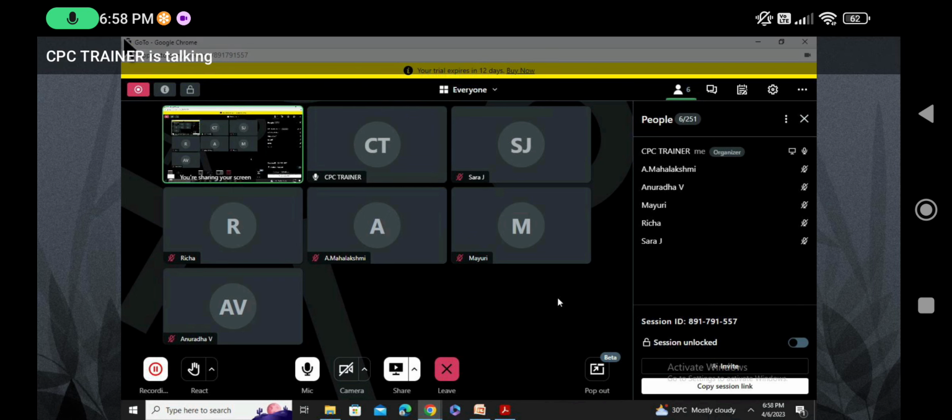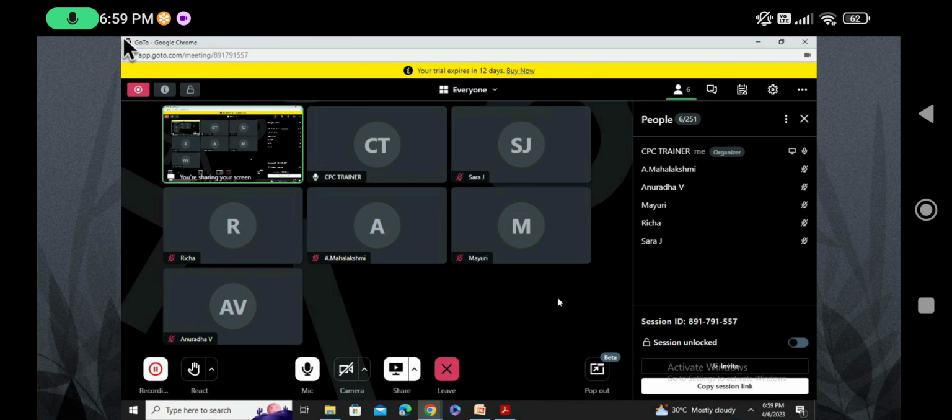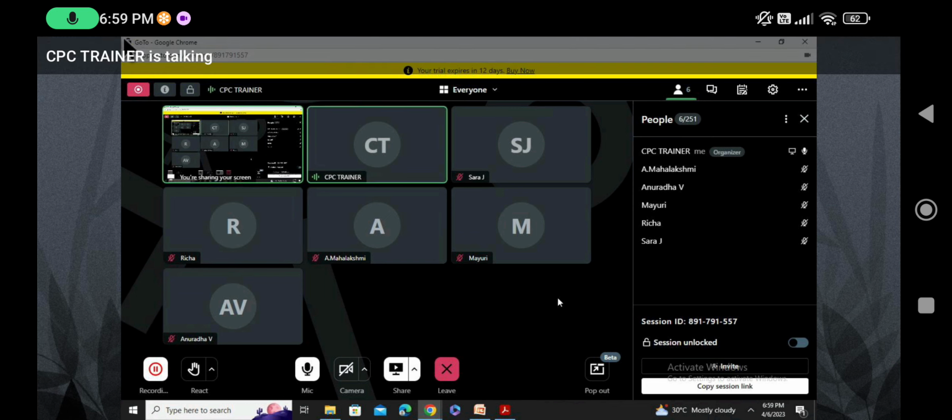You guys please go to those codes and check what is the code for comprehensive metabolic panel, guys. Just go and check and send me the answer. What is the code for comprehensive metabolic panel?